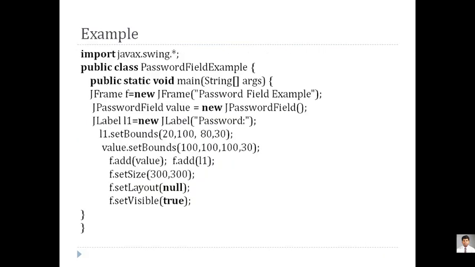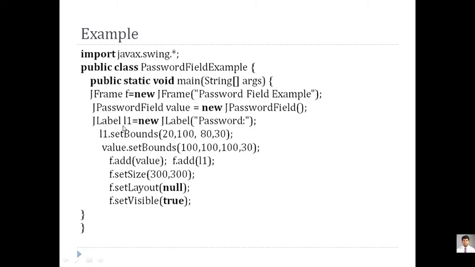So whenever I want to display a password, what I need to do is import the Swing package, javax.swing star. I need to create a container object, that is JFrame f. For the password field, I am creating an object named value, as a new JPasswordField. I am also adding one label.